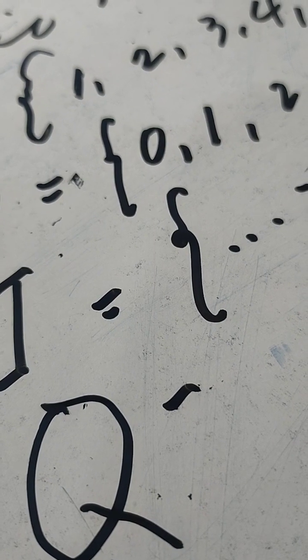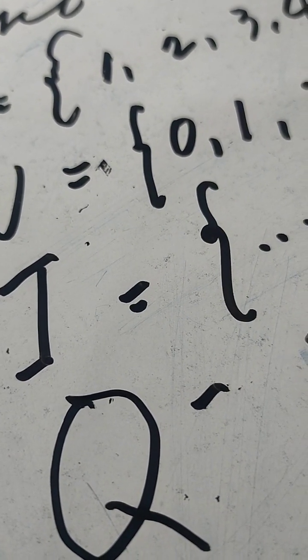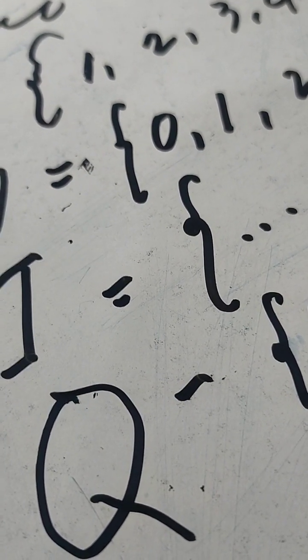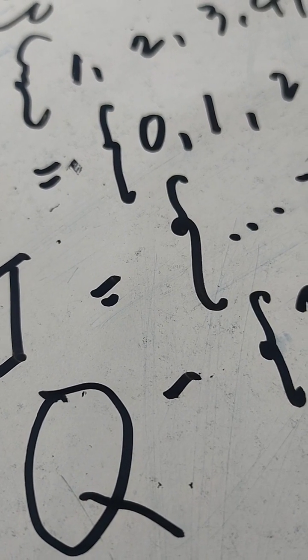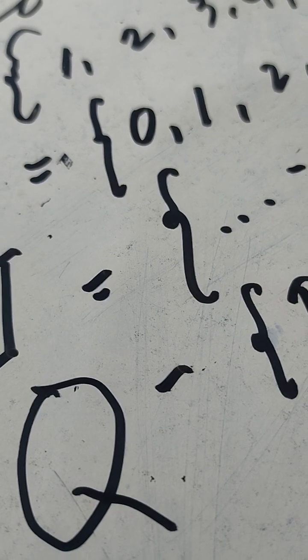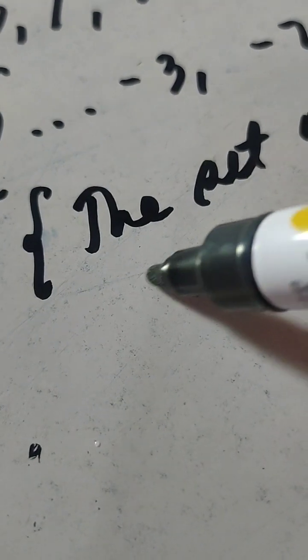So the rational numbers Q is the set of all terminating or repeating decimals.